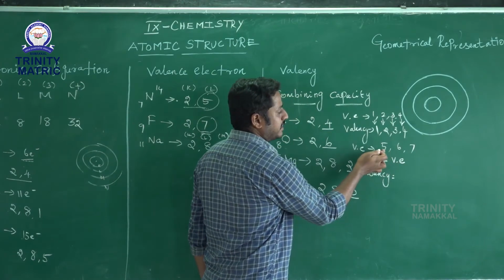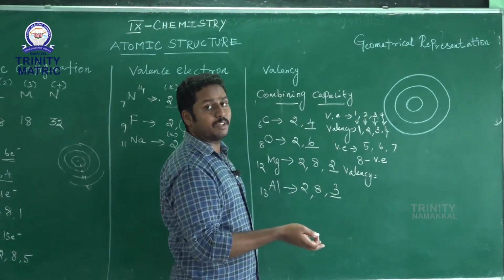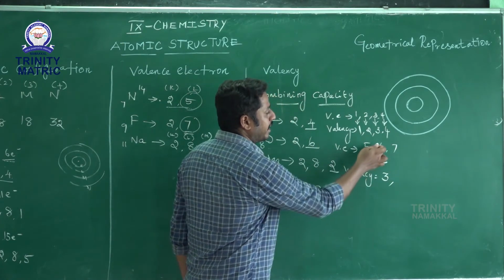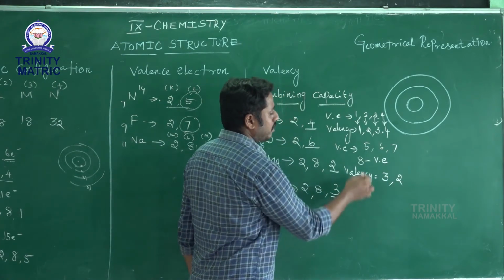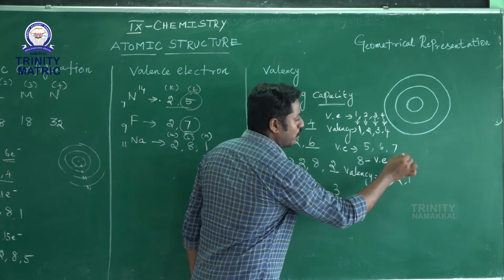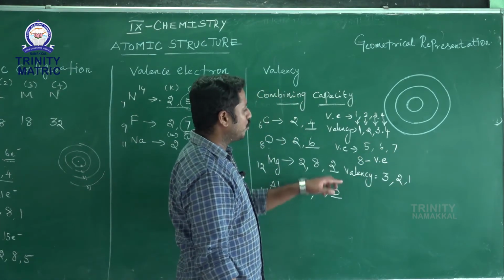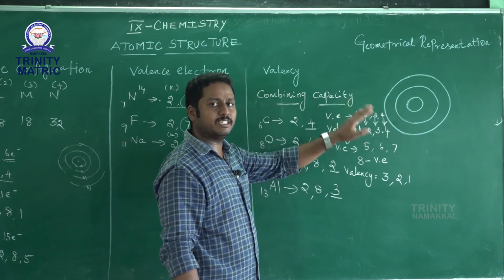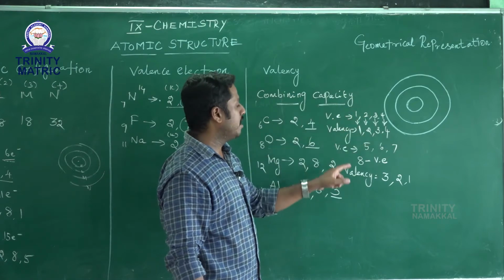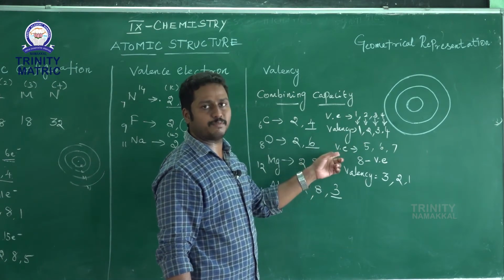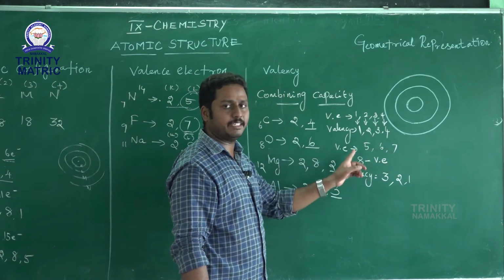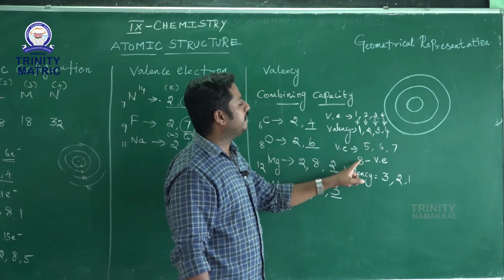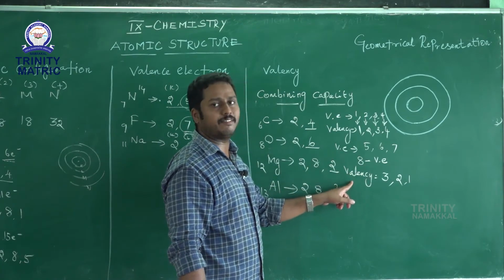If the valence electron is 5, what is the valency? 8 minus 5, 3. 8 minus 6, 2. 8 minus 7, 1. So if the valence electron is 1, 2, 3 or 4, the valency is the same. But if it is more than 4, you subtract the valence electrons from 8 to get the valency.